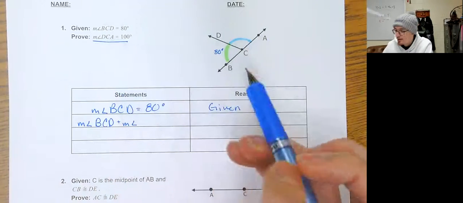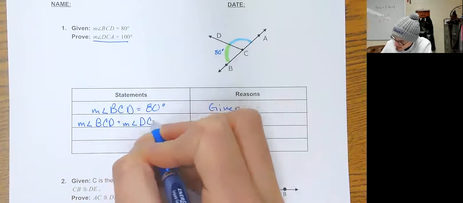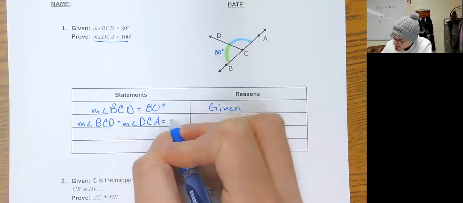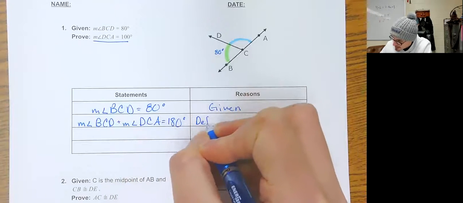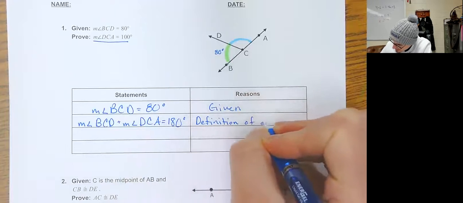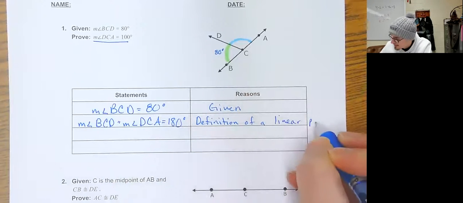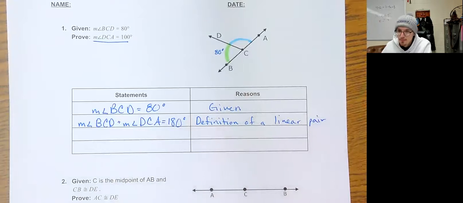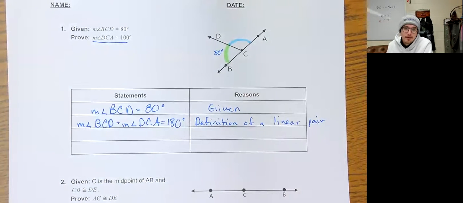This is DCA, so I want to do DCA. DCA equals 180 degrees. Why? Well, that's the definition of a linear pair. All right, definition of linear pair.